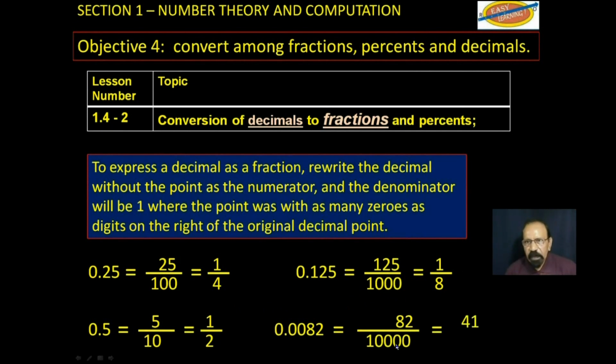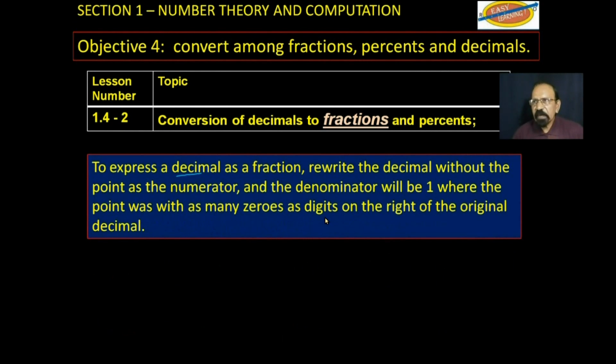You can reduce that using 2, and you would get 41 over 5,000. 41 over 5,000.